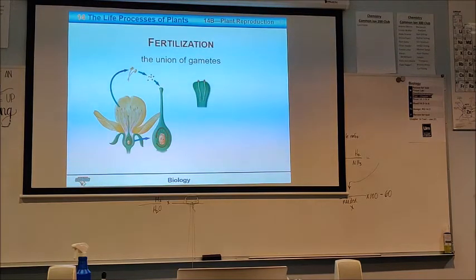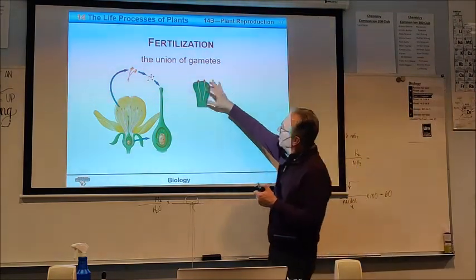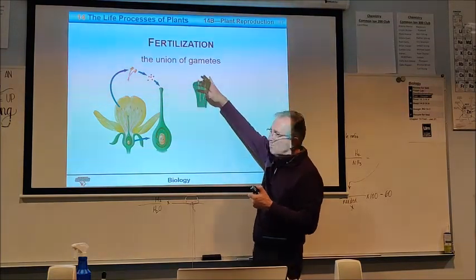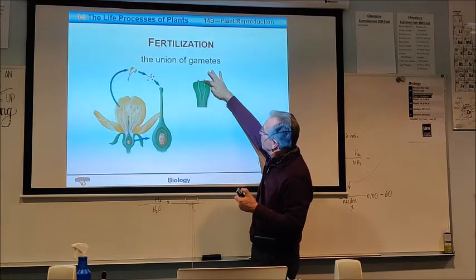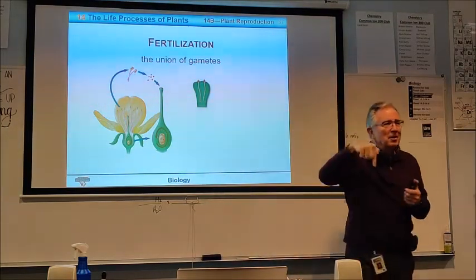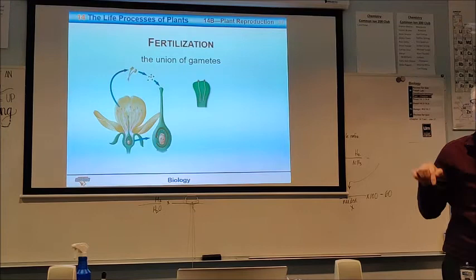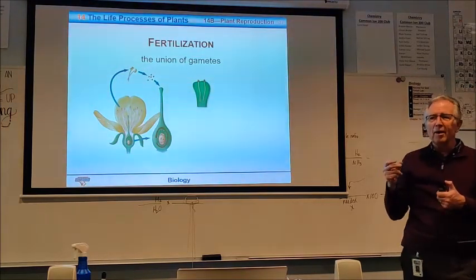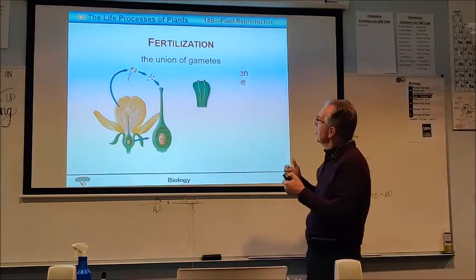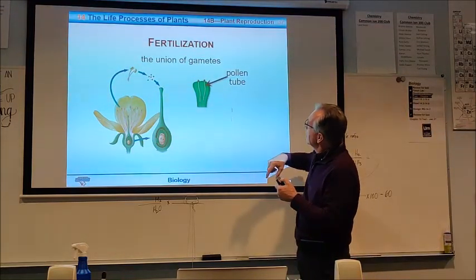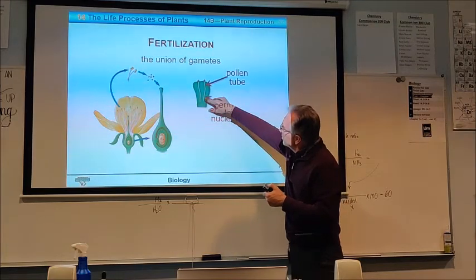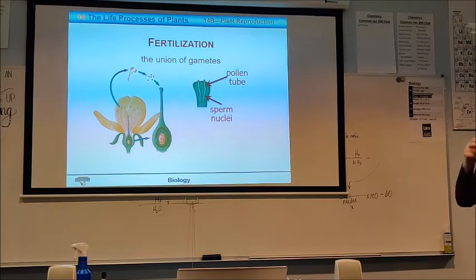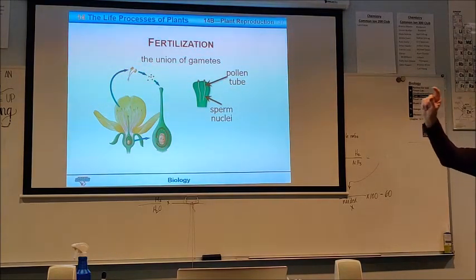Okay, so what we need to do is when this pollen grain lands on the end of this stigma, the surface is sticky so it won't blow away, but it stimulates that pollen grain to start growing a little tube down, almost like growing a root, but it's actually a tube. It's hollow. And inside the pollen grain were the sperm, these little dots right here are supposed to represent the sperm nuclei that came from the male part of the flower.